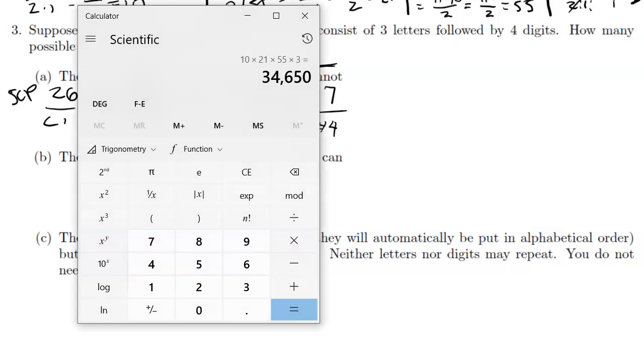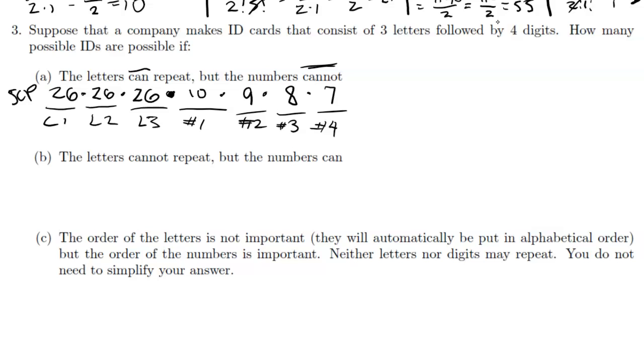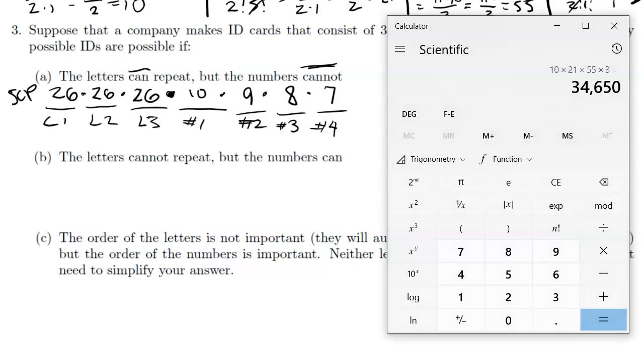Sometimes people would think about this problem as 2 separate events first. So first find the letters and then find the numbers and then put those 2 things together, which is fine. But you have to remember when you put those together, you still put them together with a multiplication. So in the end, everything is multiplied. So we've got 26 times 26 times 26 times 10 times 9 times 8 times 7.